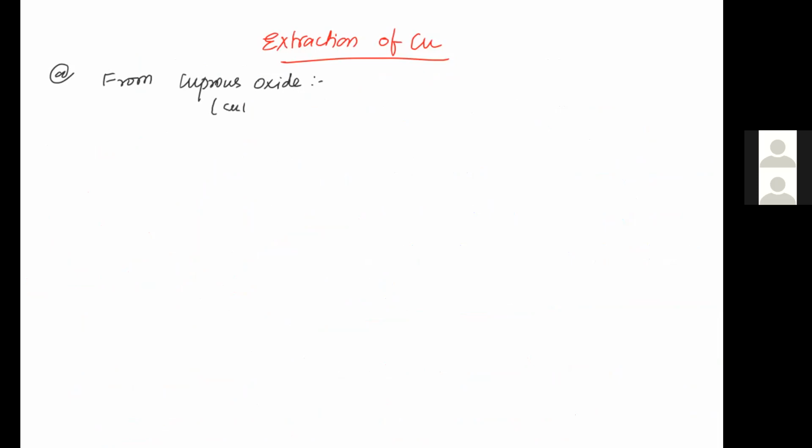Next, we have extraction of copper. So extraction of copper, how do we extract it? We extract it first from cuprous oxide. Obviously, copper 1 oxide.